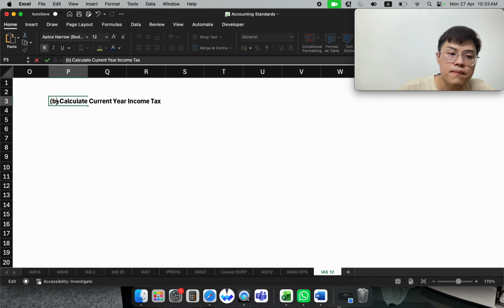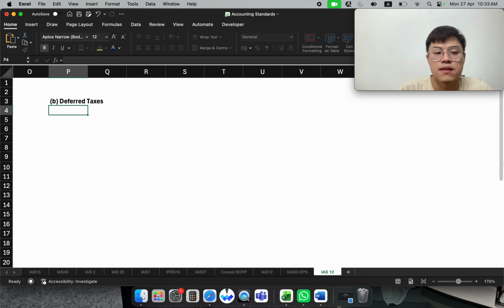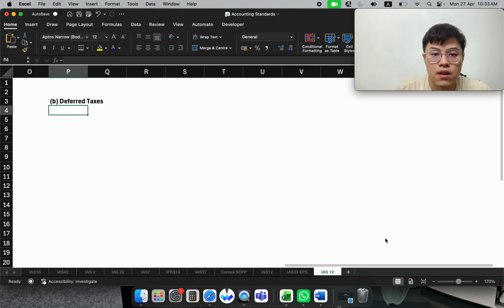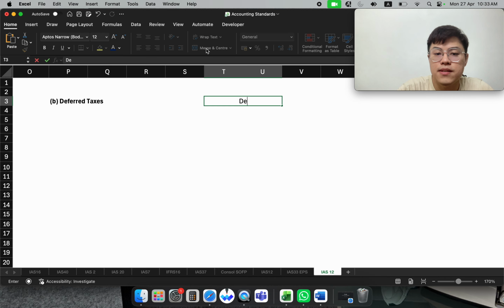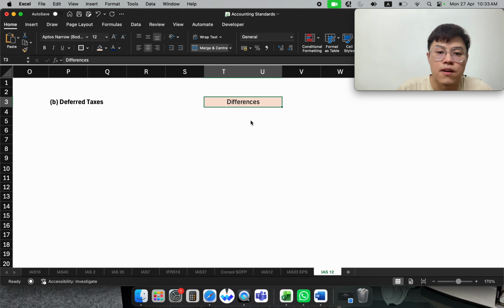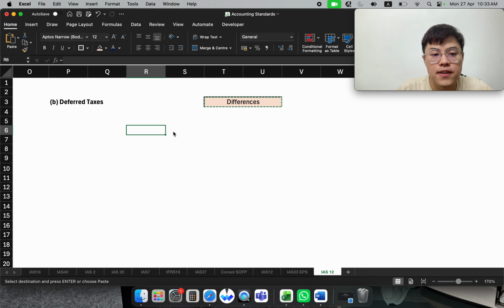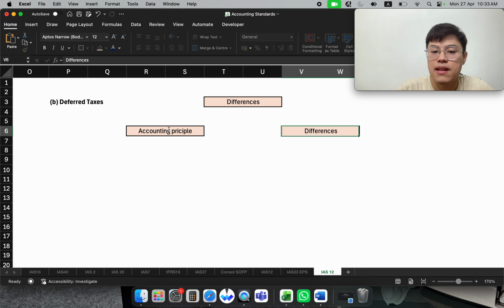So part B, deferred tax. Let's summarize it here. Since we know that there is a difference, these differences actually arise from the difference between your accounting principle, or your IFRS, and your tax law.